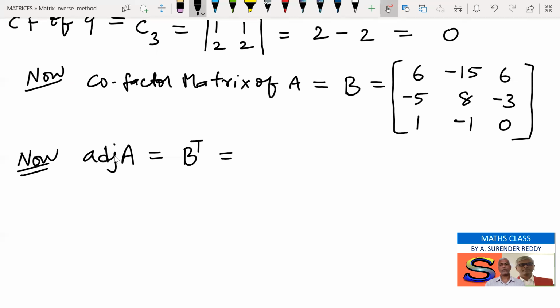So this is how we find the adjoint matrix of a 3 by 3 given matrix. How to find the transpose? Just simply converting rows into columns. So first row becomes first column.